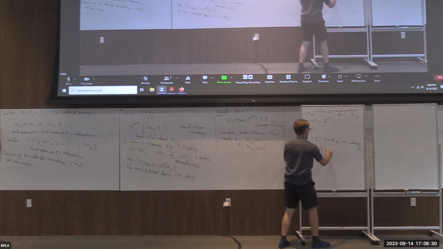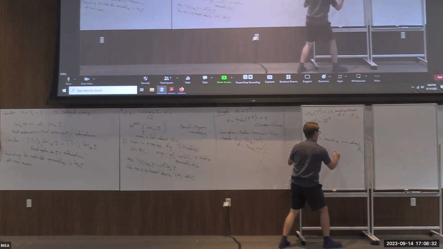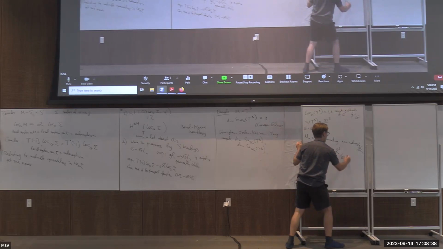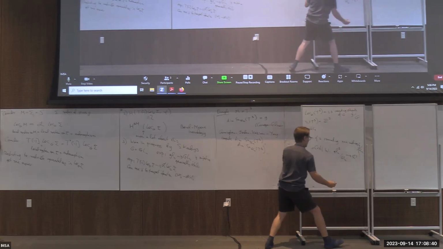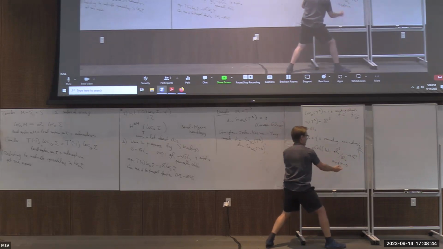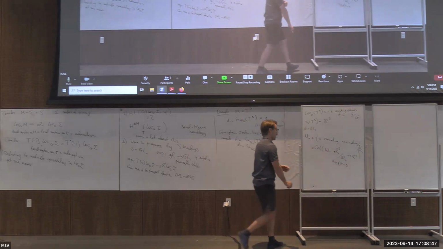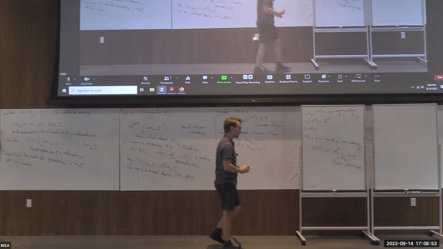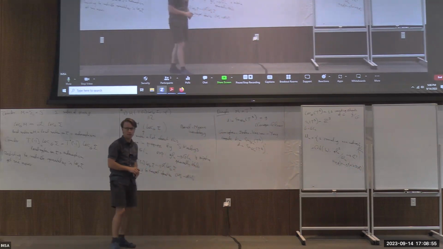Let me write it down. There's a function on the space of three matrices. We just take these three matrices to the trace of x times the commutator of y and z.